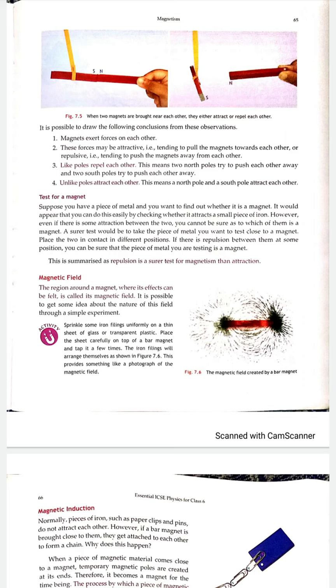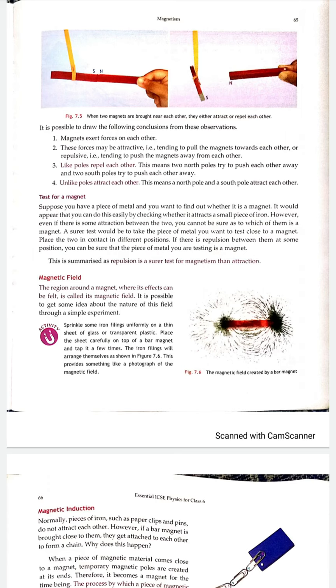The shape of the magnetic field around the magnet can easily be known with the help of a simple activity in which on a sheet of paper we will place iron filings so that they are uniformly distributed or spread on the paper, and then we place a bar magnet over it.